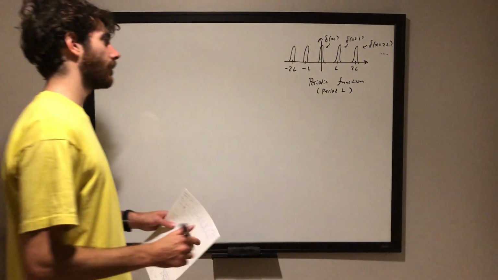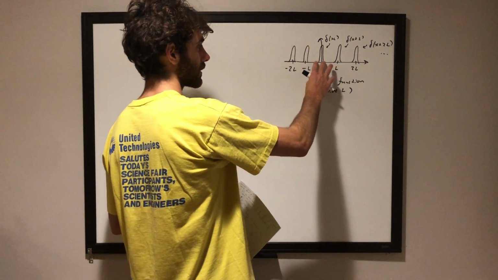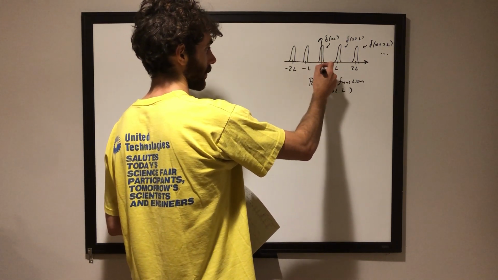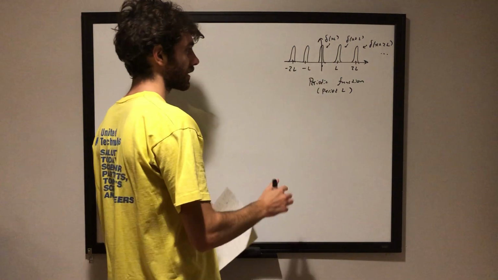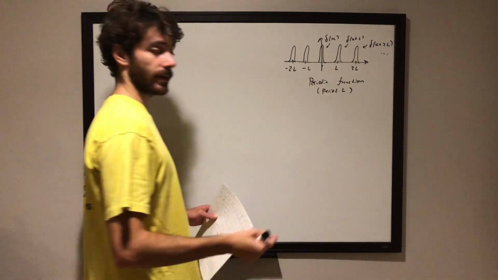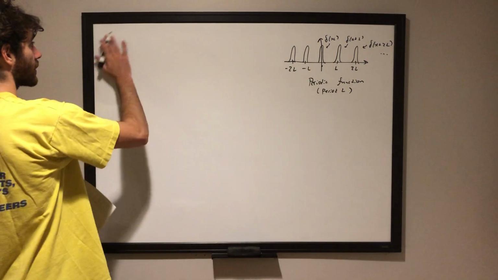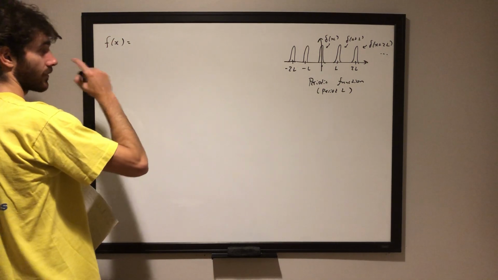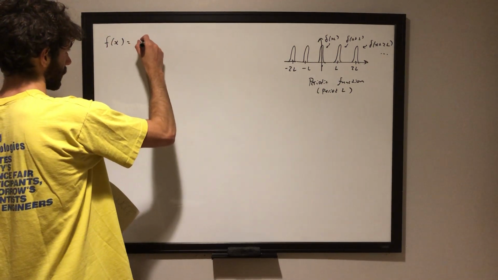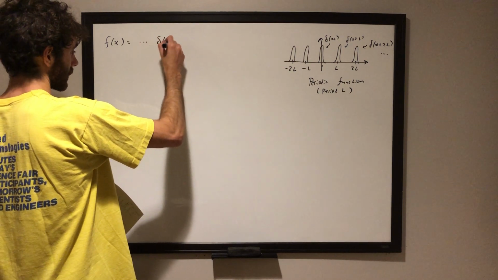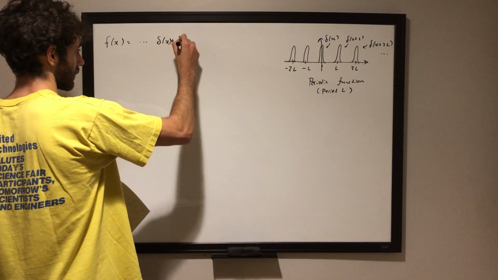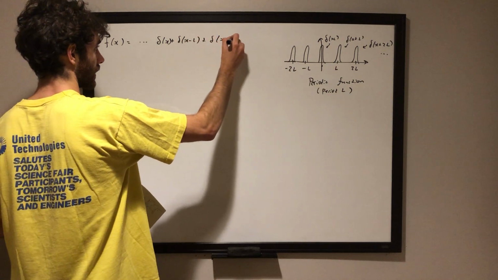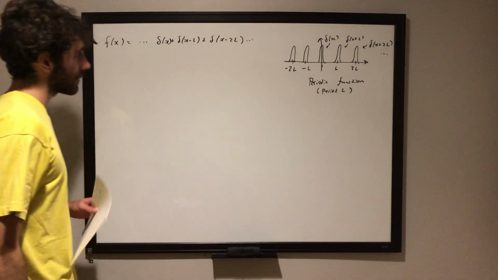Since the delta functions are zero except at one very specific point, to construct this function, we can just sum all of these delta functions together. So we could write delta of x plus delta of x minus L plus delta of x minus 2L, and so on.